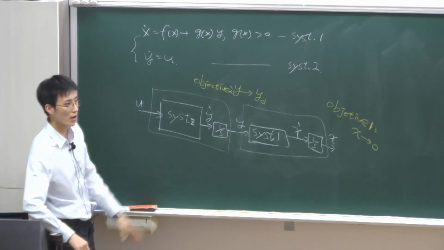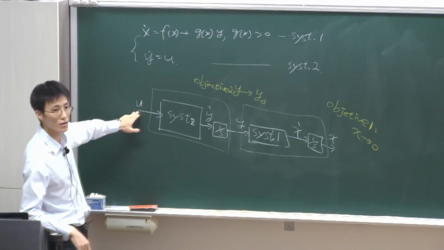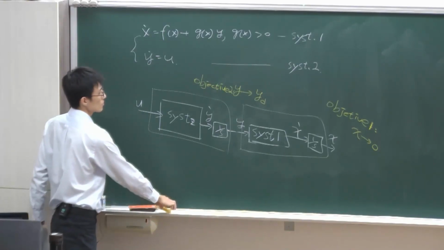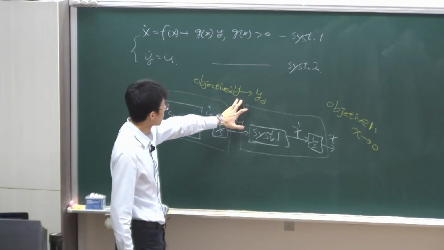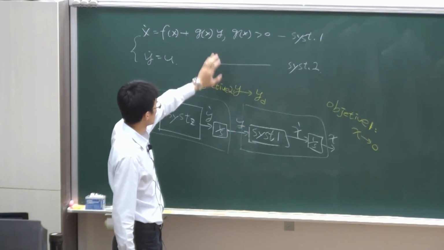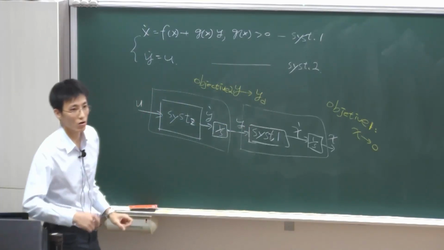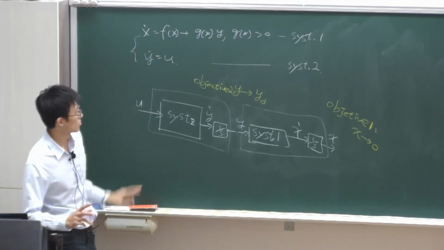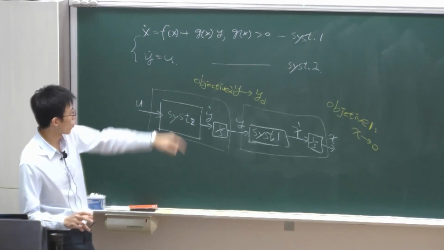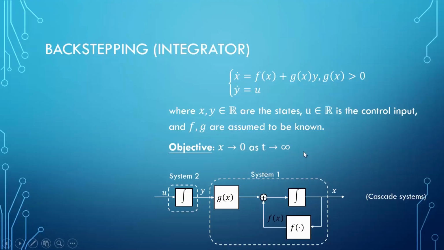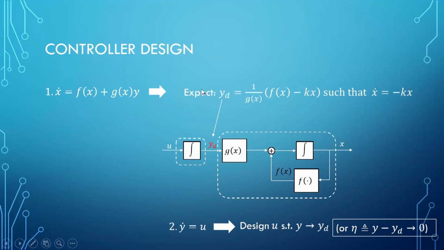But in fact, you have only one physical control input, that's U. So is that clear why in the design procedure we introduce YD, although it might not physically exist, it's just a desired signal? We mentioned from last time YD as a desired signal here, right? YD is here.